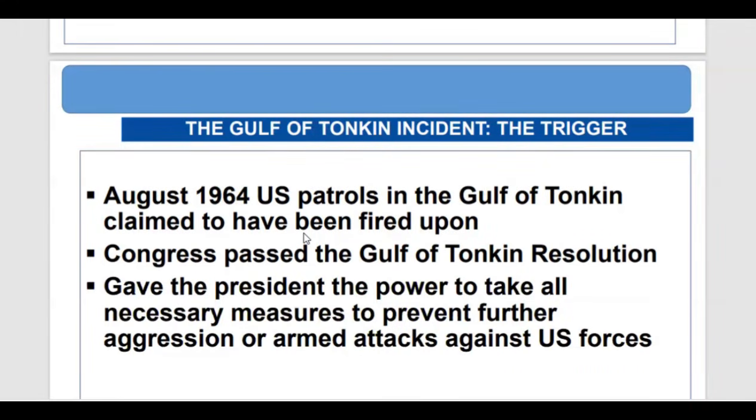Right, America had its patrols in the Gulf of Tonkin region, and they claimed that some of their patrol members and patrol ships were attacked in the Gulf of Tonkin.